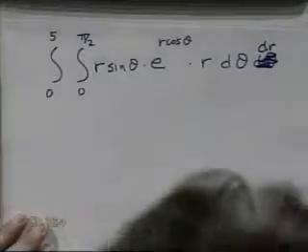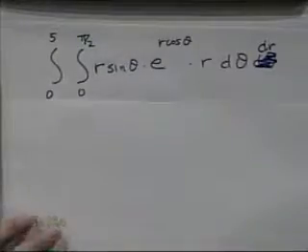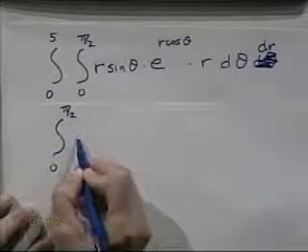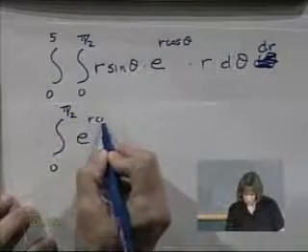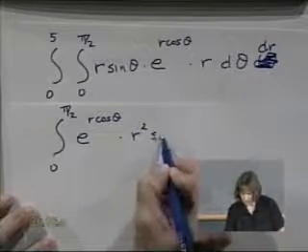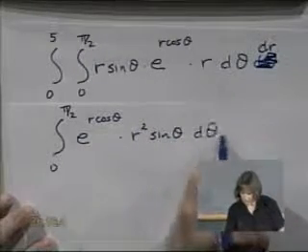Okay, so I'm going to get rid of this guy. I'm going to keep this guy, though. All right, and now, let's do this inner integral. I have the integral from 0 to pi over 2 of e to the r cosine theta times r squared sine theta d theta.